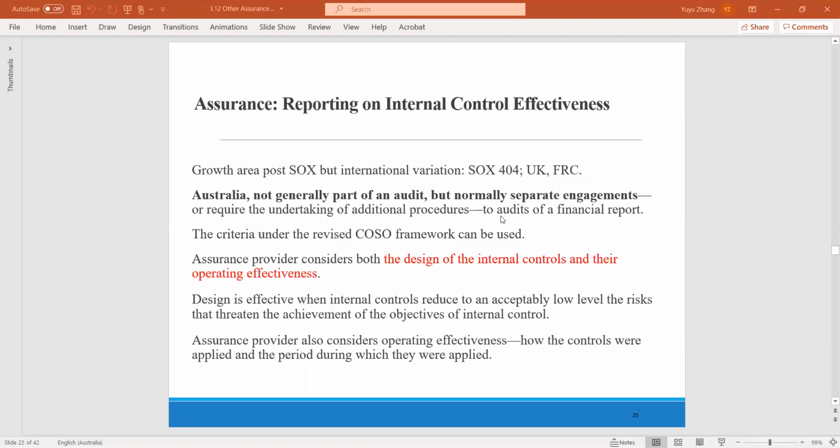The other situation is that the company does not prepare a separate report on its internal control, but auditors are asked to provide assurance over the overall performance of the internal control effectiveness. Did you see the difference?